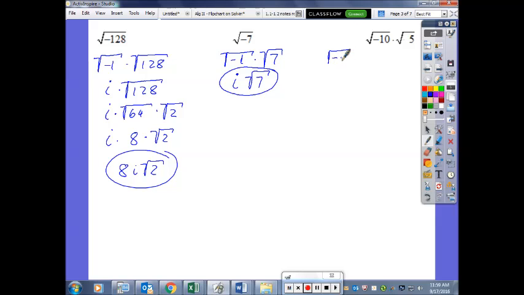Square root of -1 times the square root of 10 times the square root of 5.